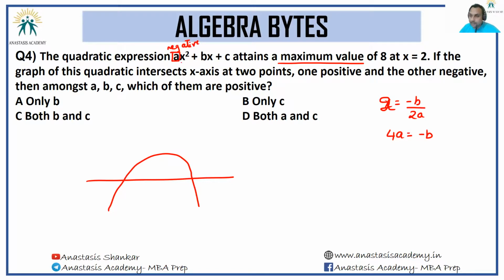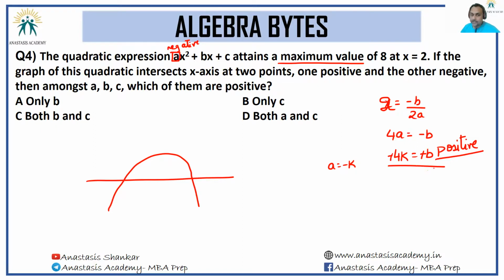If a is a negative number, let's say a is equal to -k, then I have -4k is equal to -b, negatives cancel. B has to necessarily be positive. This much we have identified.